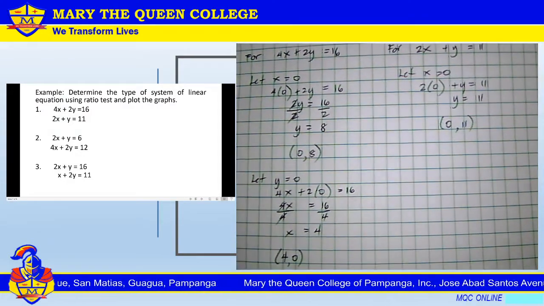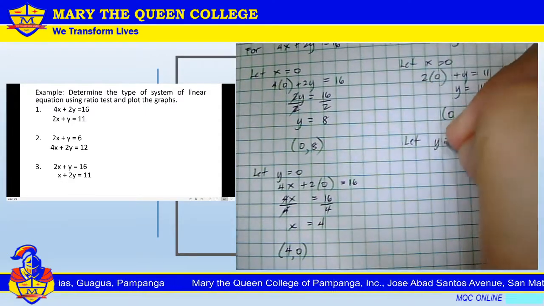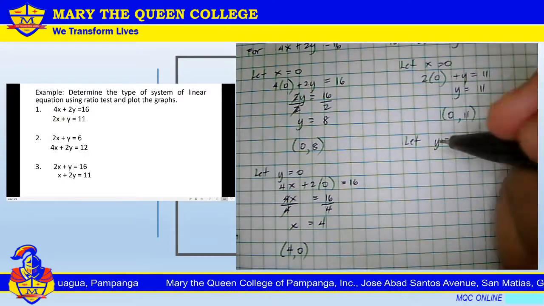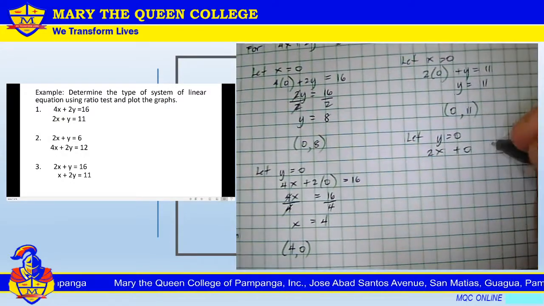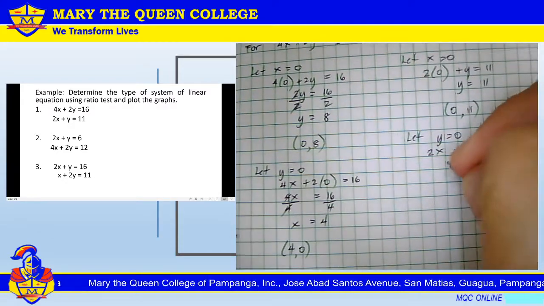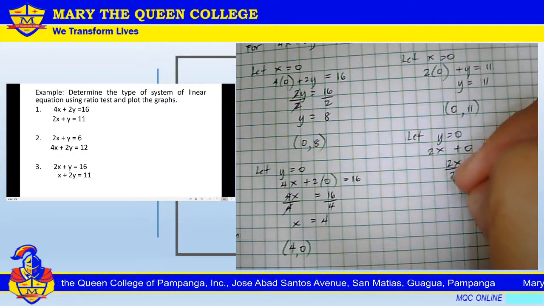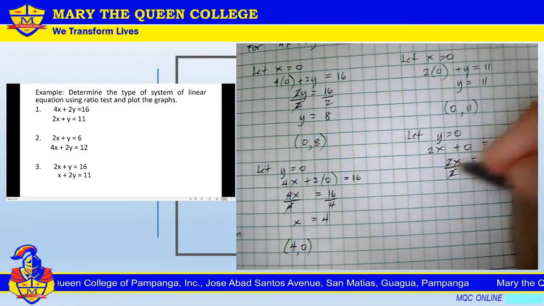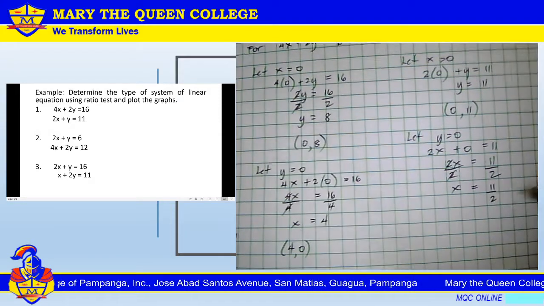Okay? And then for the next one, let y be equal to 0. Solving for the x-intercept, we will now have 2x plus 0 is equal to 11. So 2x is equal to 11. Dividing both sides by 2 to eliminate 2 here, we will have x is equal to 11 over 2.